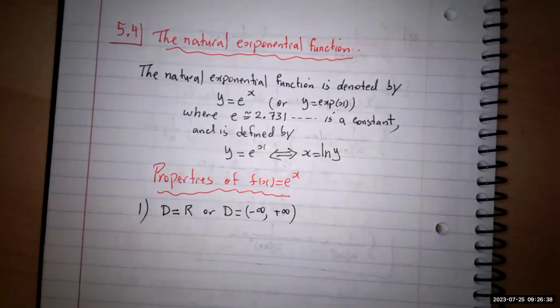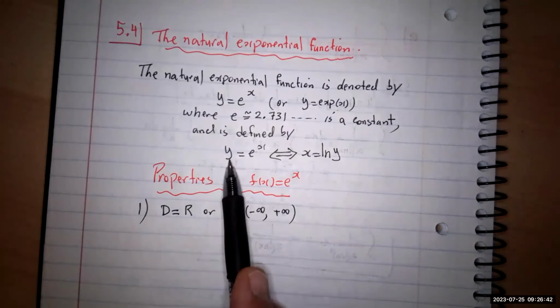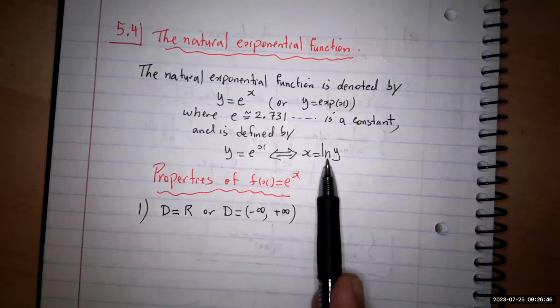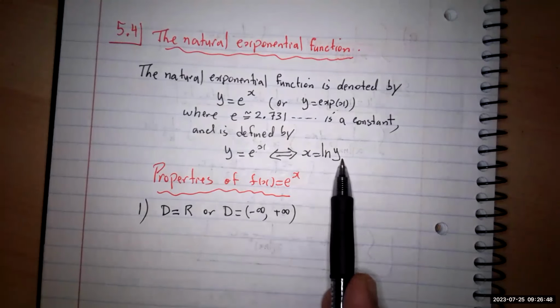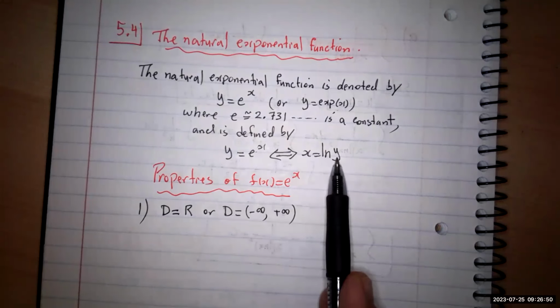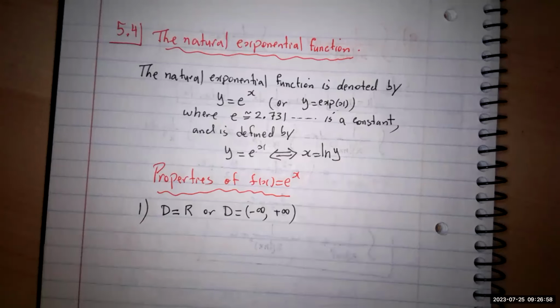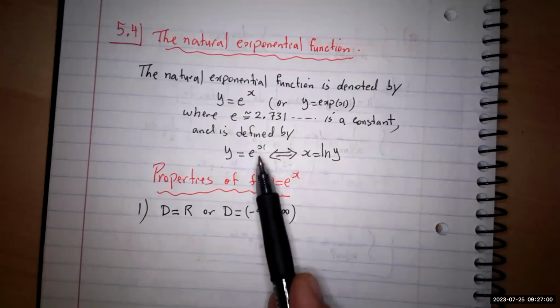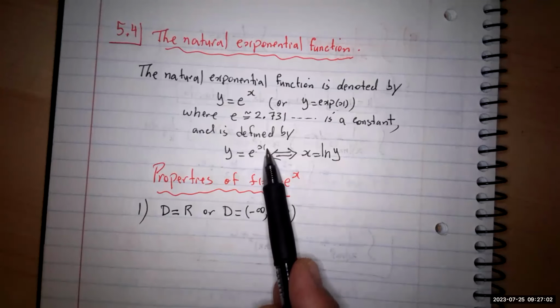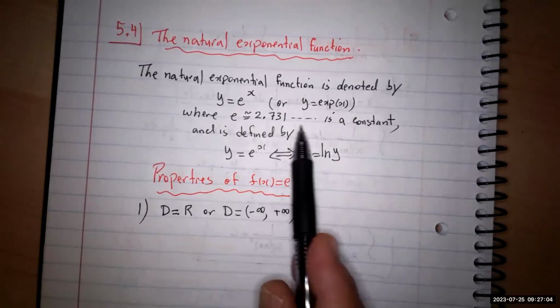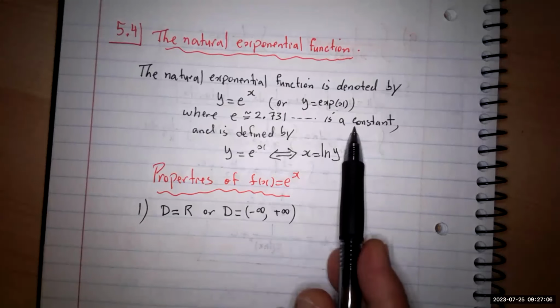But the range is the possibility for y, where the y is coming from. y is coming from ln y. You know that the input of the ln, natural log, cannot be negative. So this y must be positive all the time. That is one way to look at it. The other one is just the exponential function. e is a positive number.